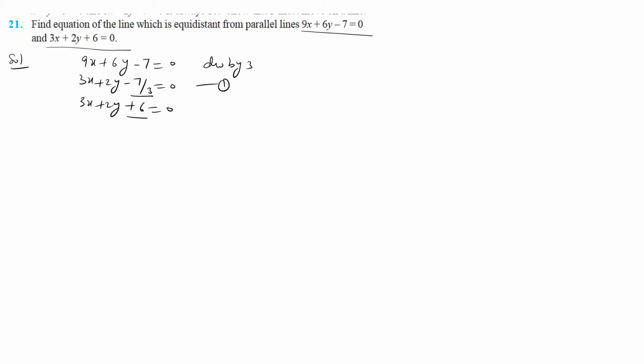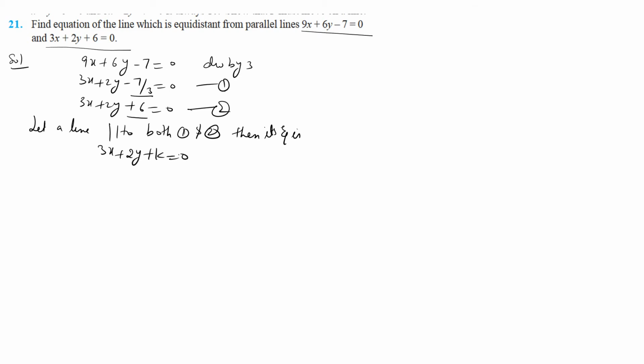A line parallel to both 1 and 2 has the equation 3x plus 2y plus k equal to 0.